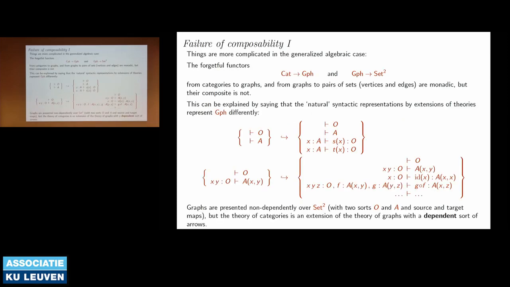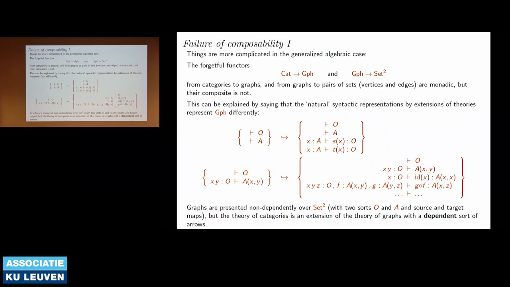So here is a first example. We know that small categories are monadic over graphs, and graphs are monadic over Set squared. So we have a forgetful functor from graphs to Set squared, which sends a graph to the pair of the set of vertices and the set of edges. But the composite is not monadic.